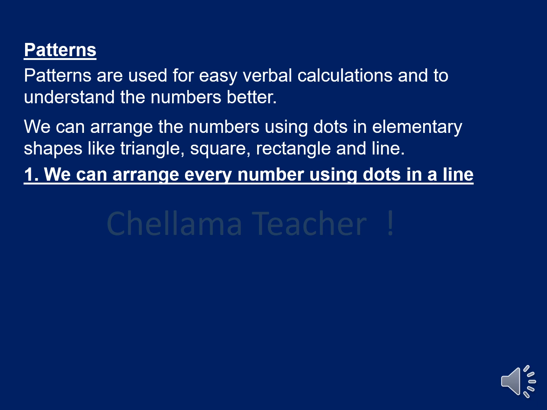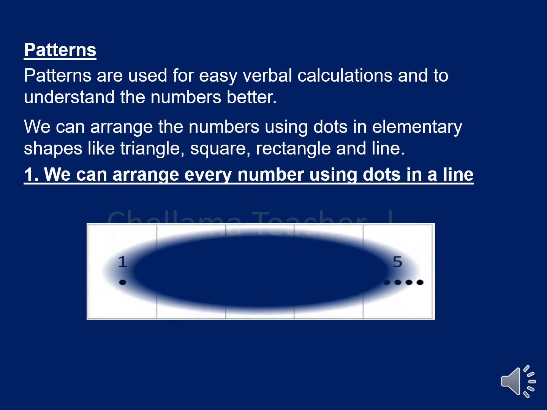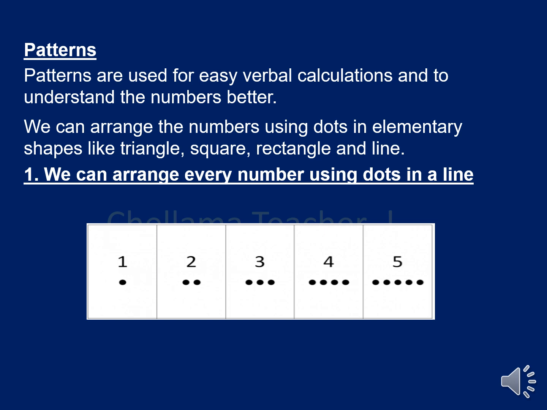We can arrange the numbers using dots in elementary shapes like triangle, square, rectangle and line. We can arrange every number using dots in a line: 1 dot, 2 dots, 3 dots, 4 dots, 5 dots, like this.